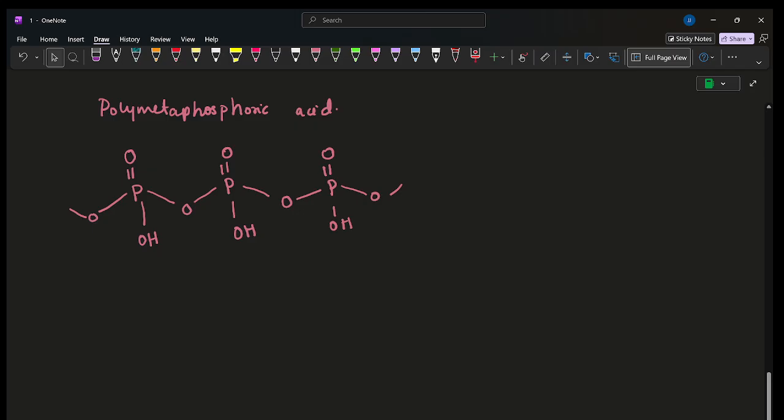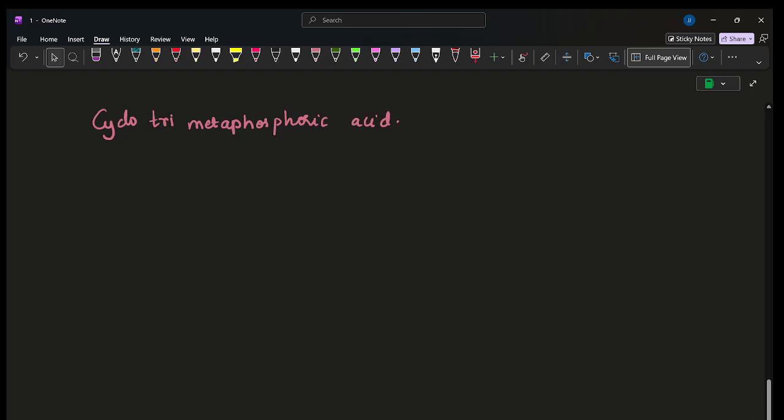There's also another, which is cyclotrimetaphosphoric acid. This is polymetaphosphoric. Now we're going to learn cyclotrimetaphosphoric acid. And this is also a nice diagram. So you have trimeta, right? Put 3 P, and between each P, you're going to put an O. But I think let's go with the NCERT kind.